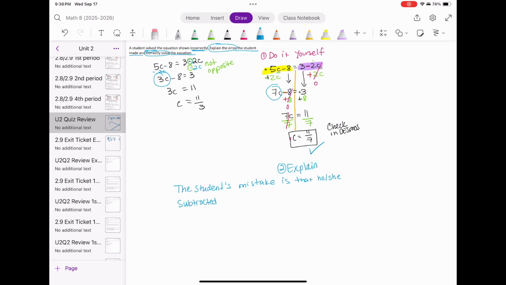The student needed to do the opposite, which is to add the 2c.